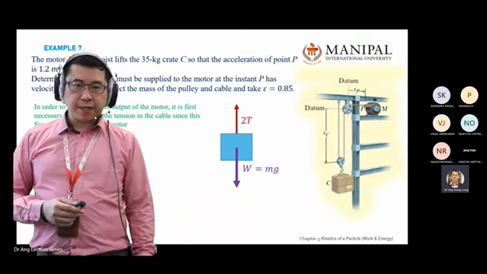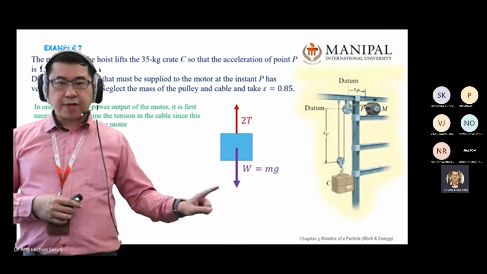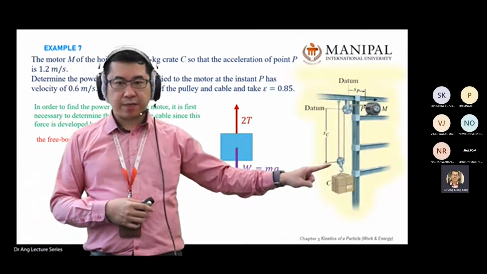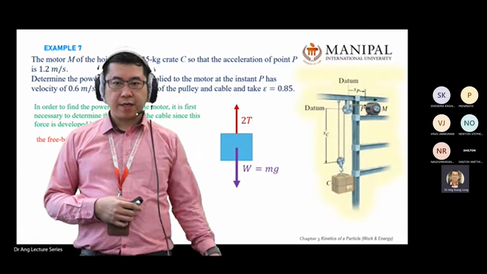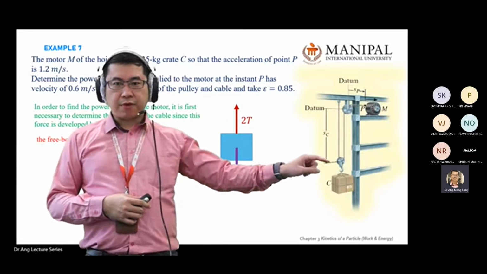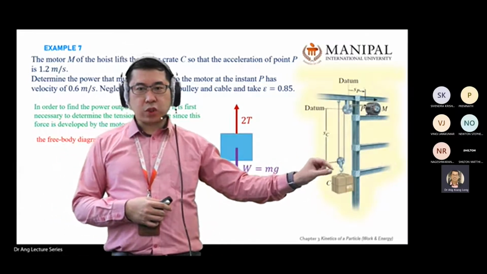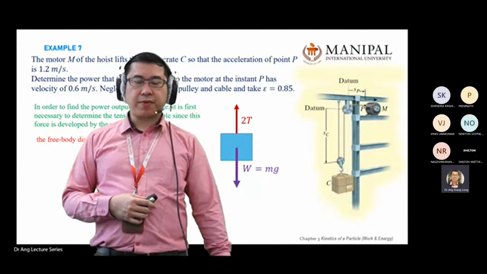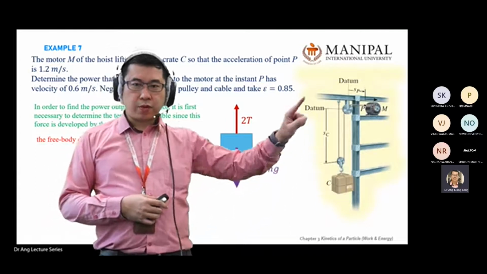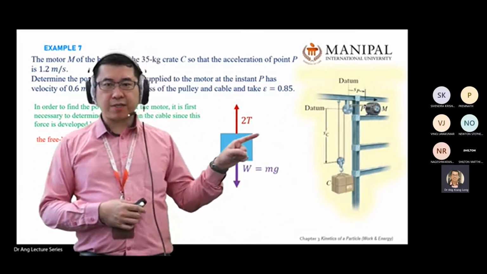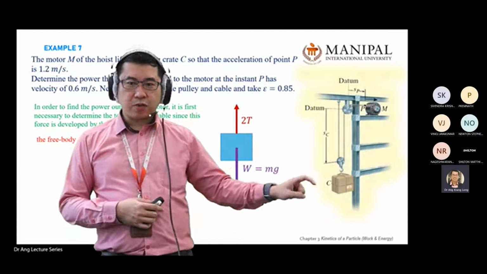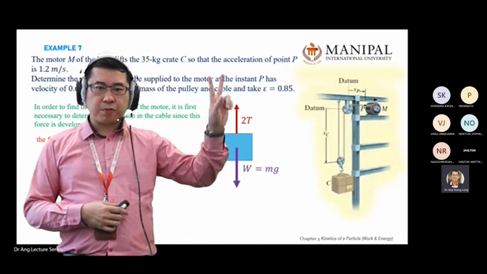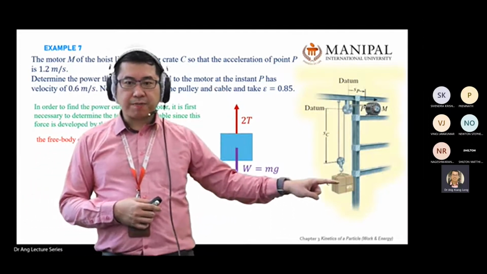Then you have 2 cables above the C here. Of course you can further break into the pulley, and then there's 2 cables and then 1 cable down, like what we covered in chapter 2 when we talked about pulley systems. So this one I straight away jump the steps to look at what happened to C. There will be 2 tension cables pulling the top of the parcel here.